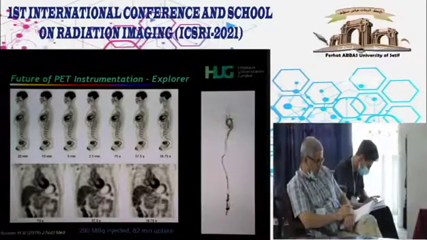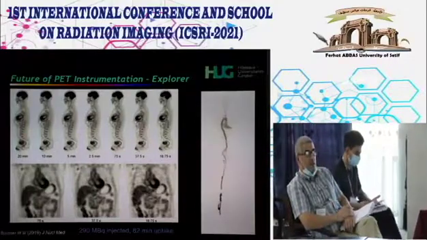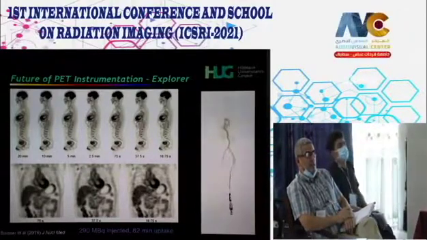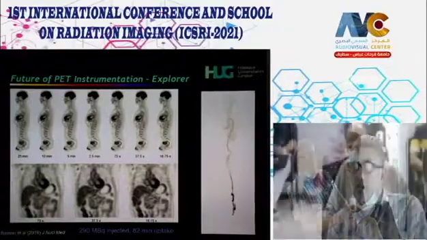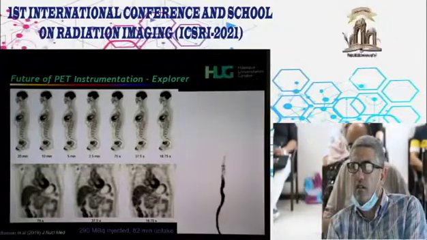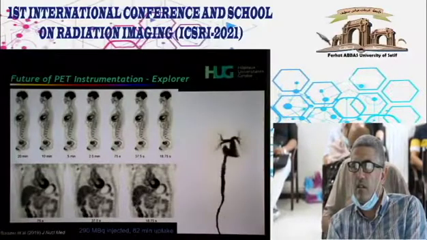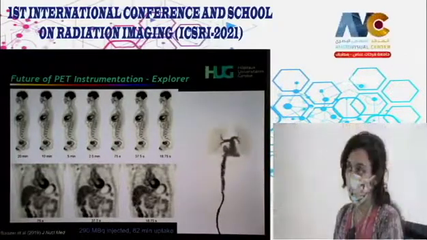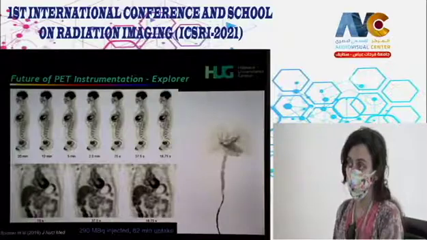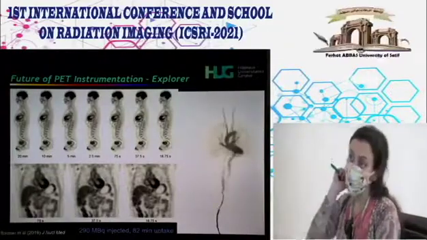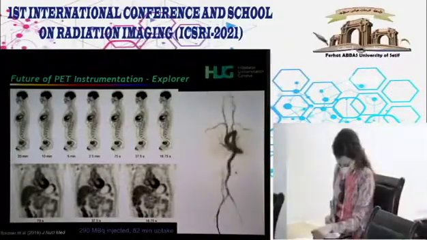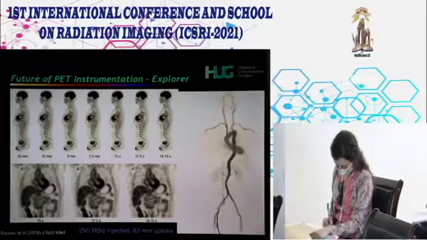The other advantage is that you can start the data acquisition right following the injection of the tracer, and recall the tracer kinetics that you use for physiological modeling, for tracer kinetic modeling to quantify physiological and metabolic processes in vivo.